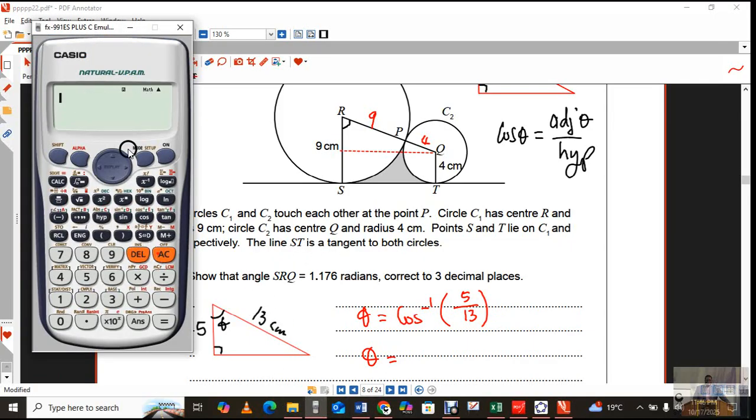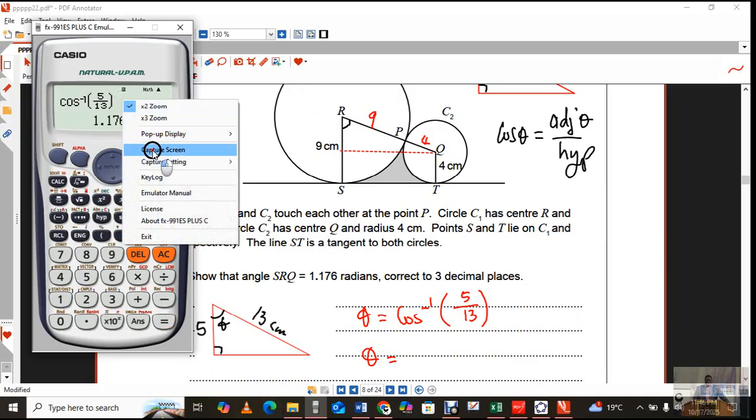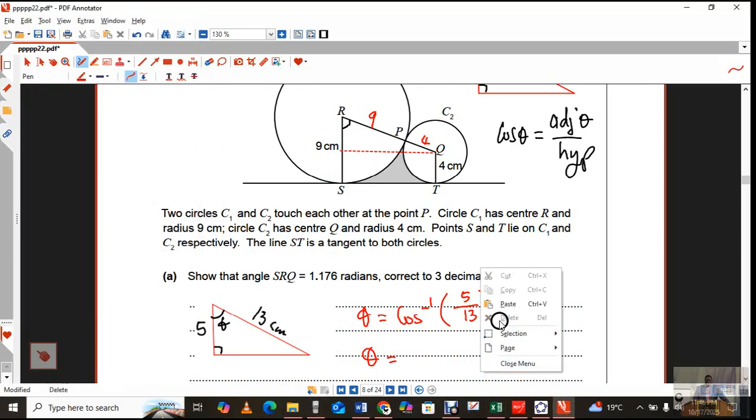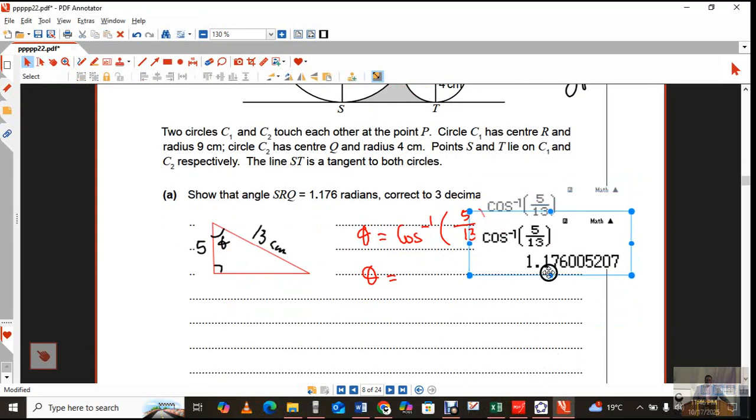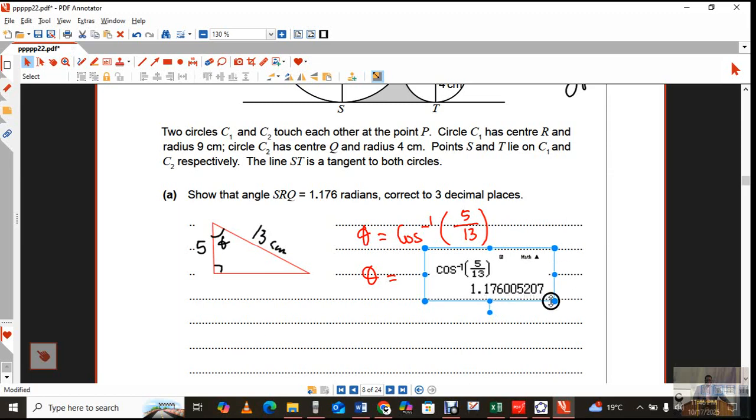It is already in radian mode, so the inverse cosine of 5 upon 13 gives a whole lot of digits, which I'm going to bring over here so that you can see.